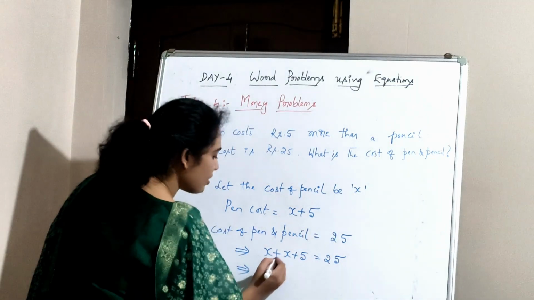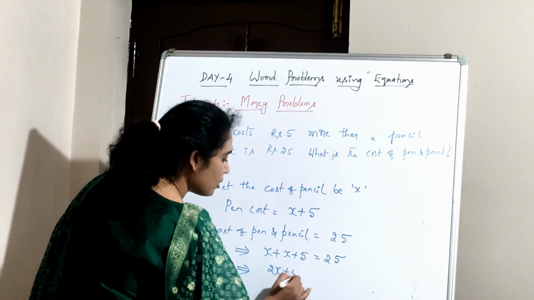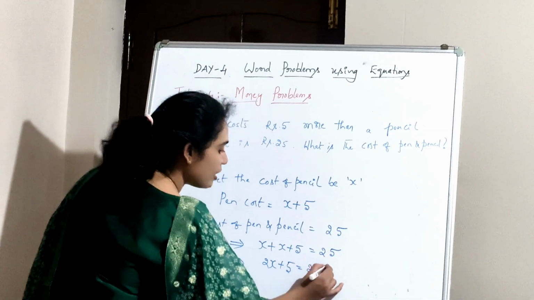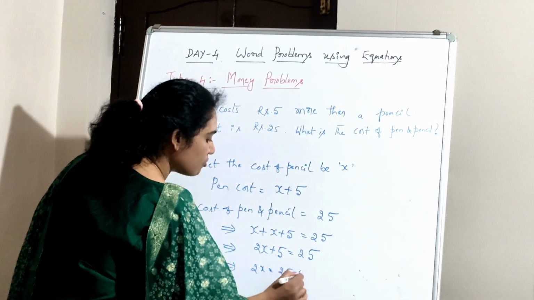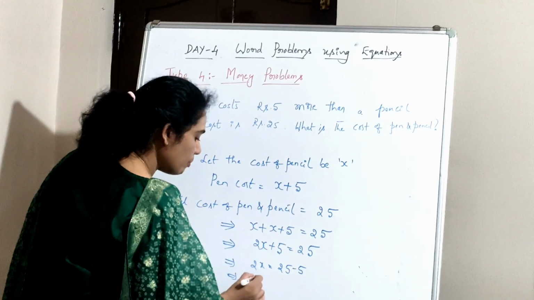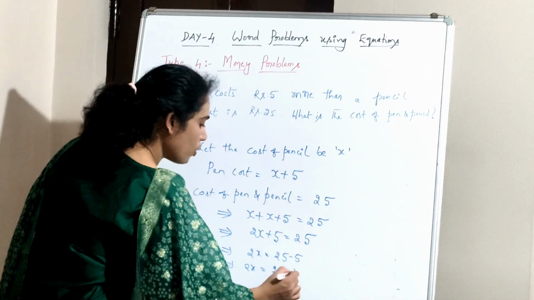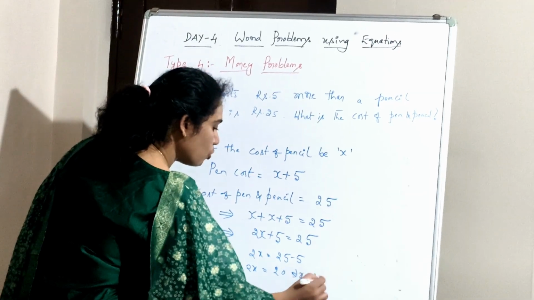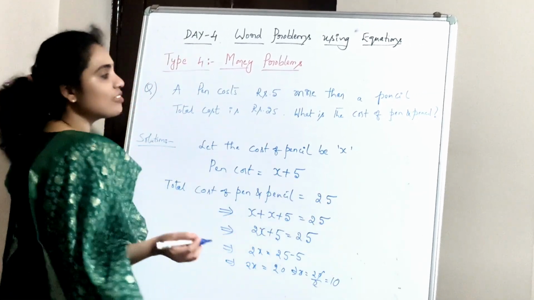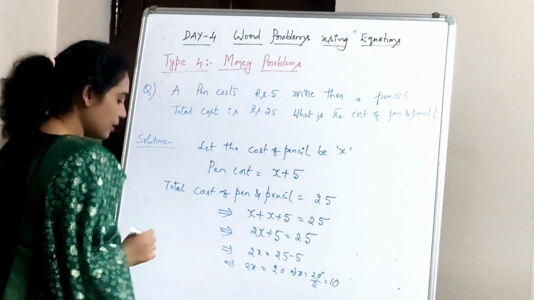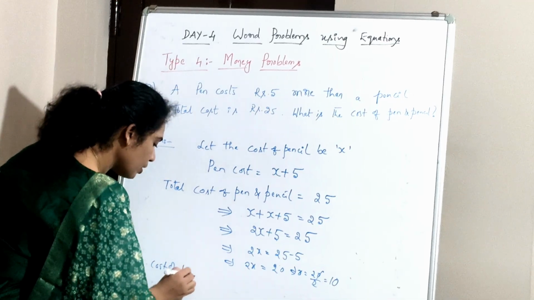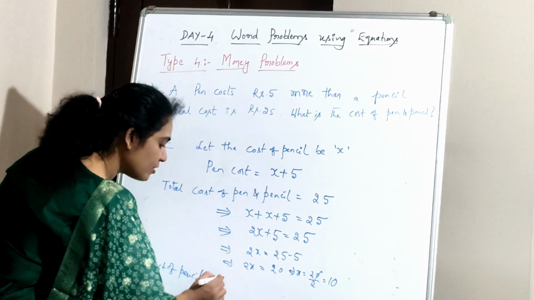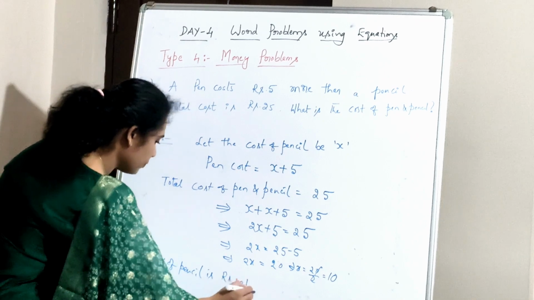On simplification we have x plus x is 2x, plus 5 is equal to 25. So 2x will be equal to 25 minus 5. So 2x will be equal to 20. So x will be equal to 20 by 2, that is 10. So what is x? It is the cost of the pencil. So the cost of pencil is 10 rupees.